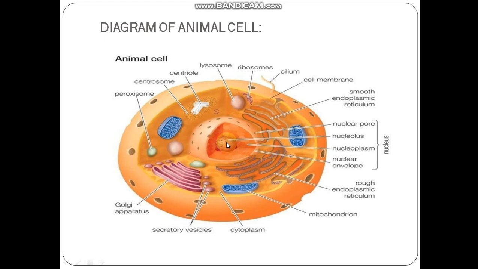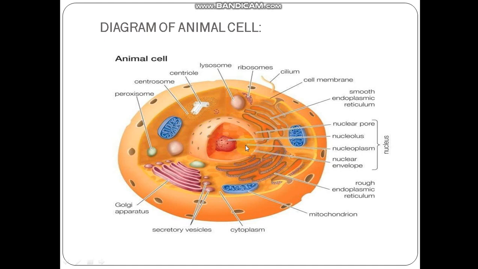This nucleus is covered by a membrane. It is called the nuclear membrane. This nucleus is covered with a nuclear membrane, and in the nuclear membrane there are very small tiny pores. A large number of pores are here in the nuclear membrane. Okay, now inside the nucleus is the nucleoplasm.